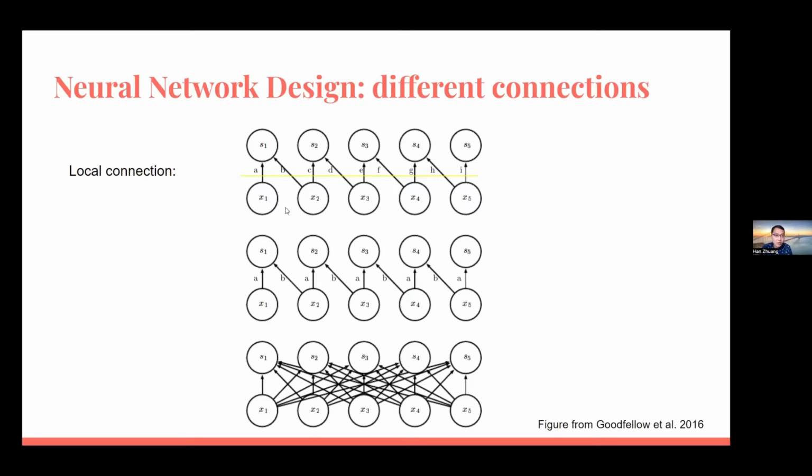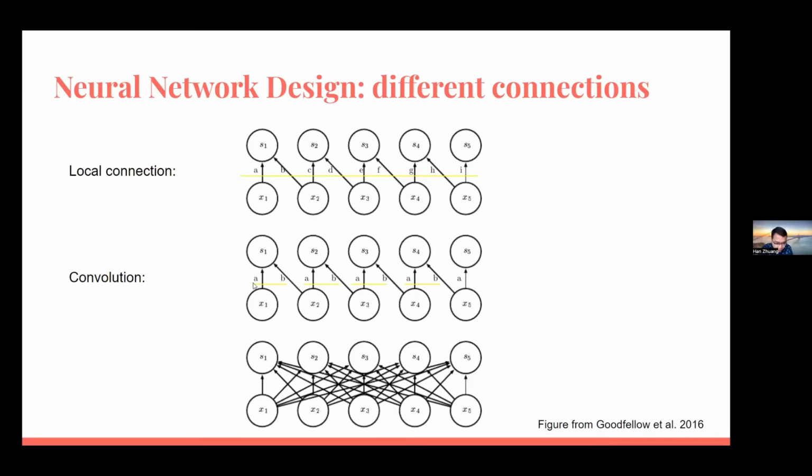For example, one different way is how to connect the neurons. One way is local connection. If you take a look at this, you will see that each neuron has its own parameters. Another one is convolution connection, similar to what I mentioned before, which is parameter sharing.